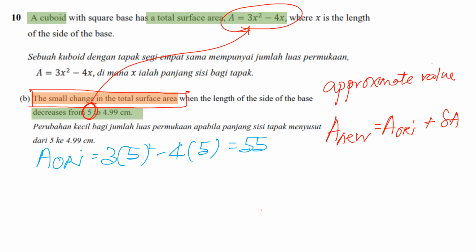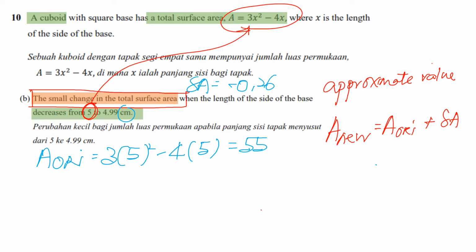If the unit was not given, then it is given as cm. So the original area for this cuboid was 55 centimeter squared, right? After the changes, from part B earlier, we got our del A as negative 0.26.